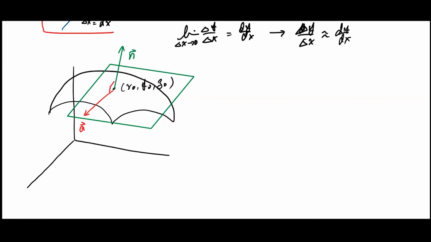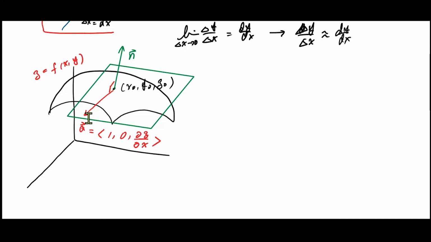And I propose this is the size of this vector: I have 1 in the x direction, so x movement is 1 and y movement is 0, and z movement is partial z, partial x. By the way, this equation is z equals f of x, y.